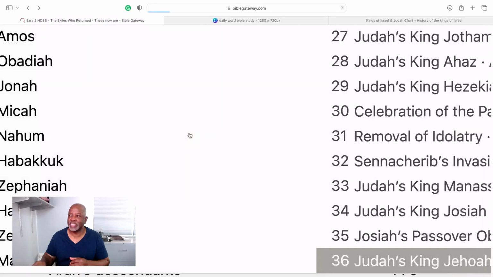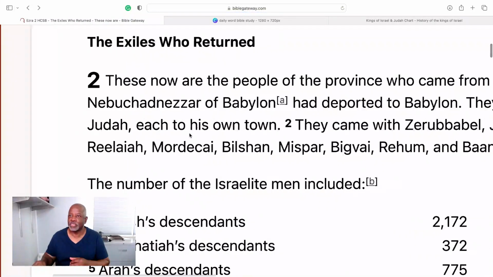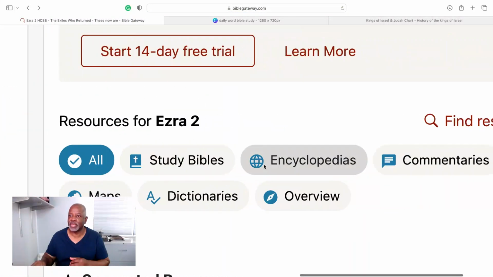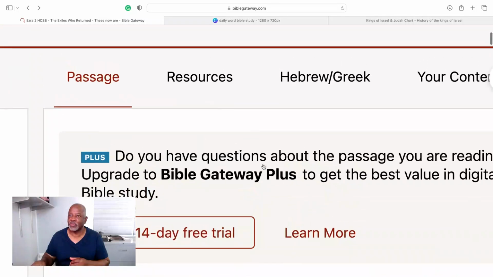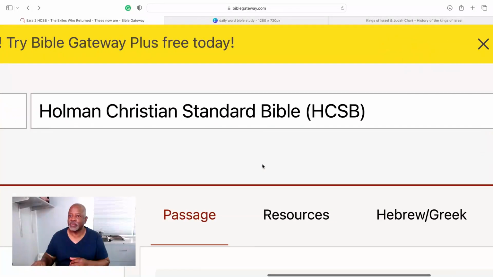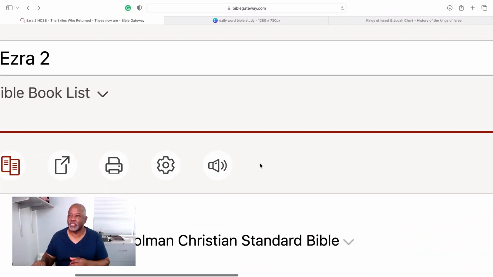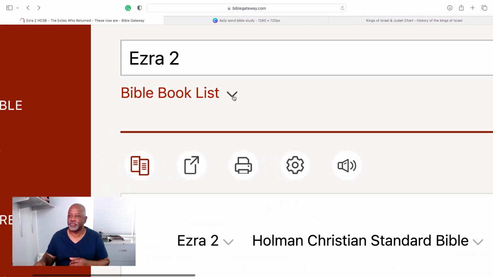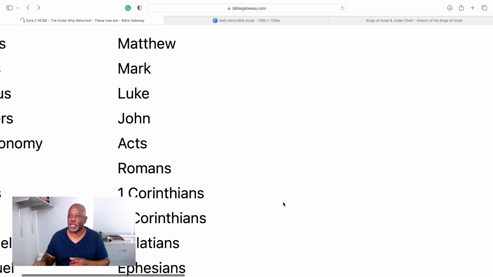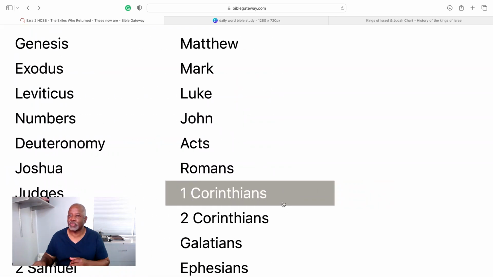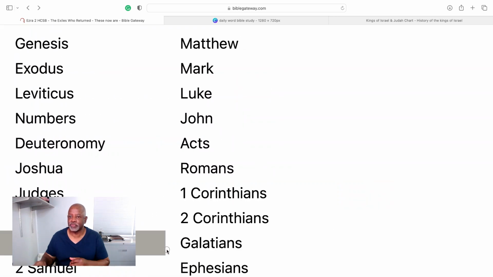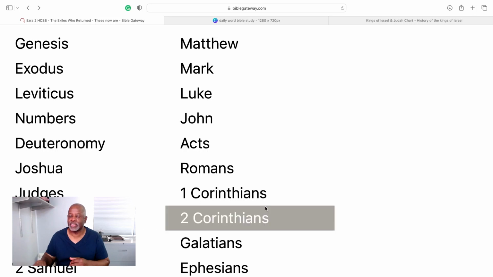Here we go. All right, so the layout of the Bible is like this.